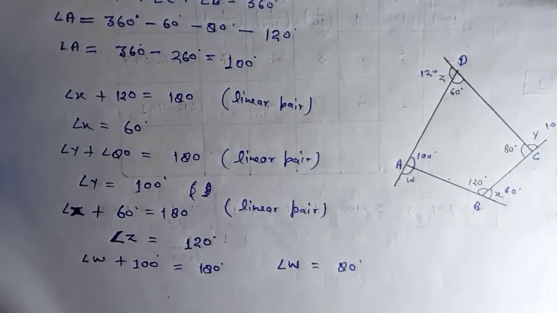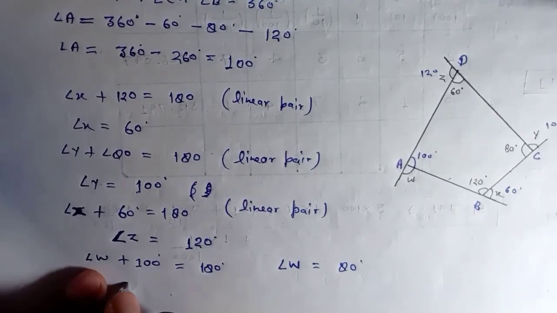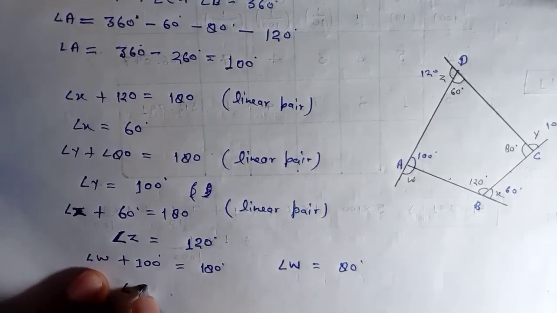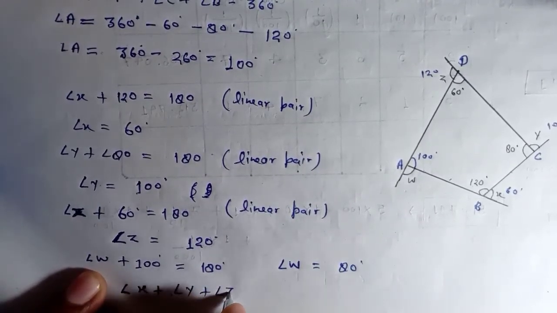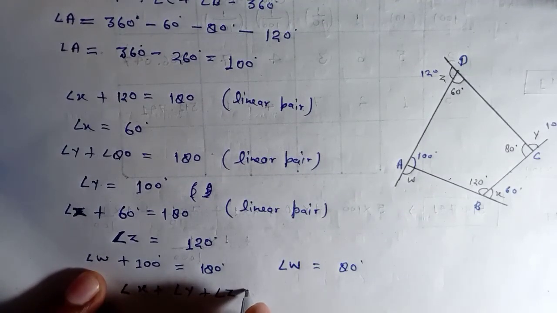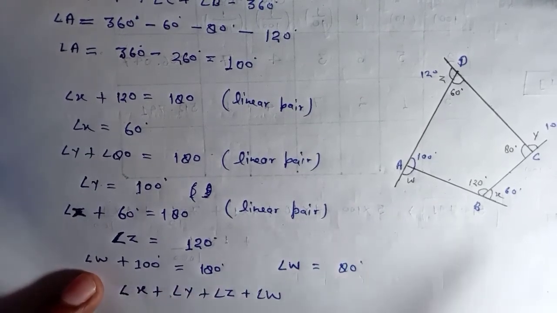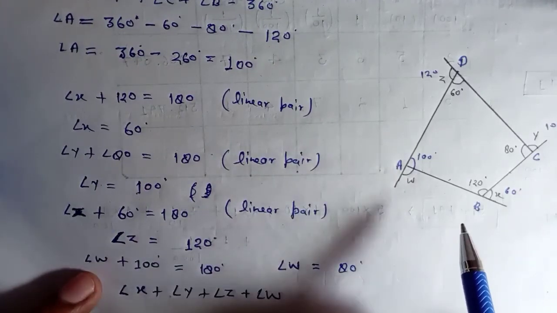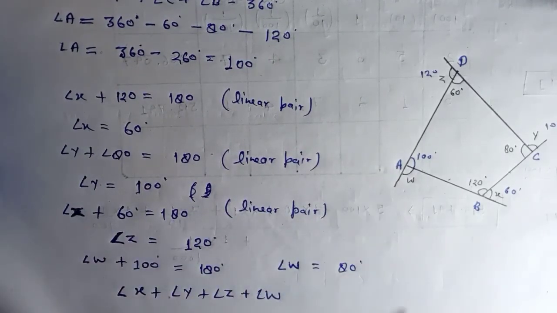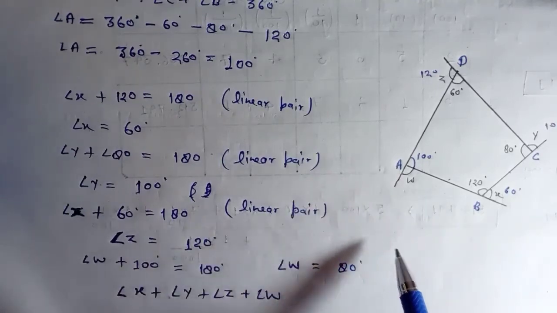We have the values of angles x, y, z and w. Now add these angles, angle x plus angle y plus angle z plus angle w. Here it is written x, y, z, w, so you need not show the angle sign there. It means this is the complete value of the angle.